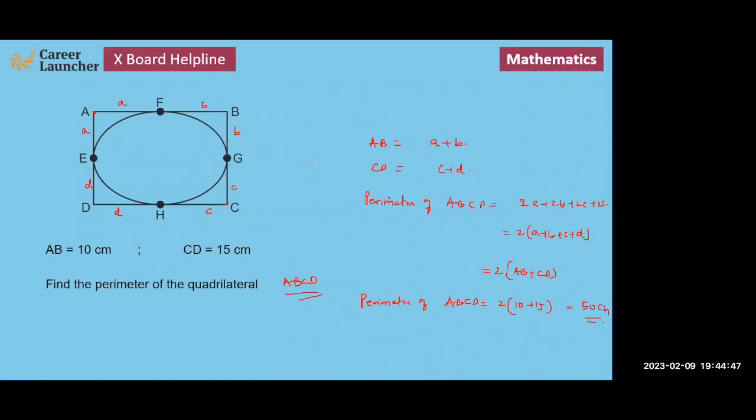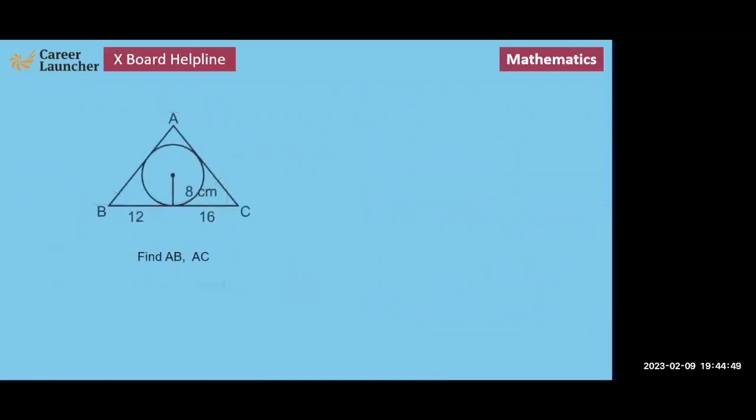And now we will look at this question. This is the last question for the day. I want you to find out what is the value of AB and what is the value of AC. I'll give you five minutes for this question.